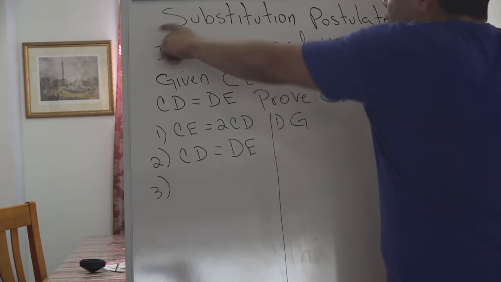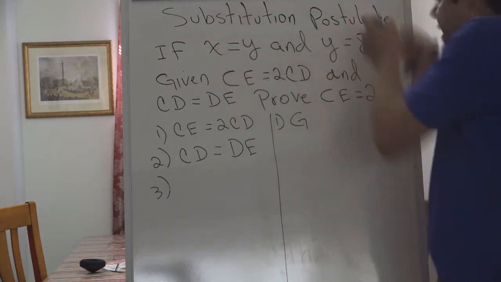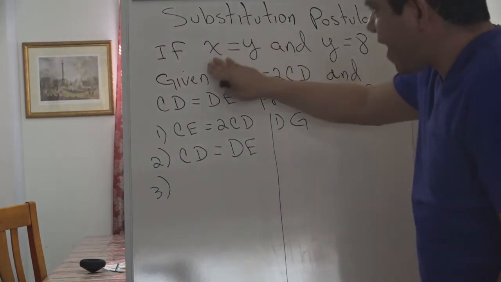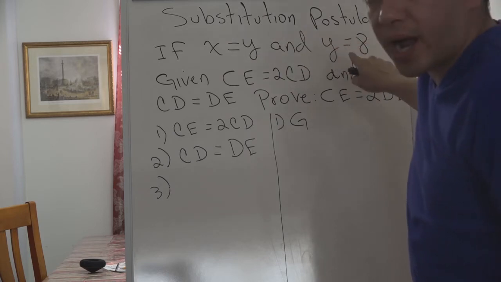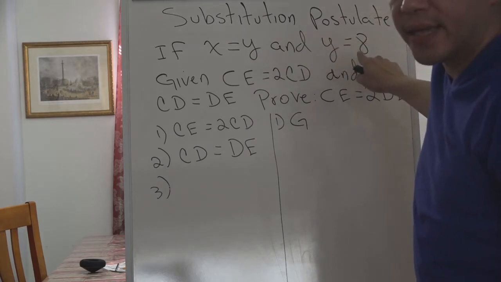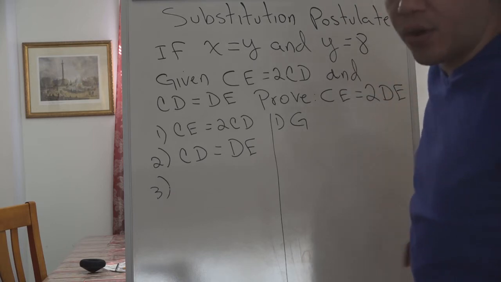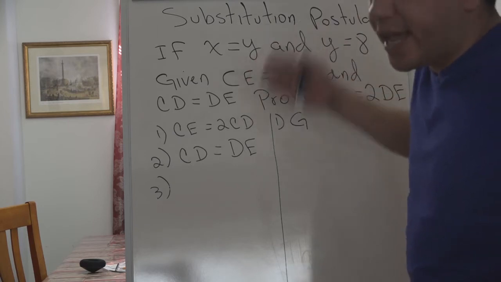Alright, so basically here, if x is equal to y, and y is 8, what do you think the value of x is? If x is equal to y, and y is 8, then I can conclude that x is also 8. If y is 8, then x is 8, and vice versa.